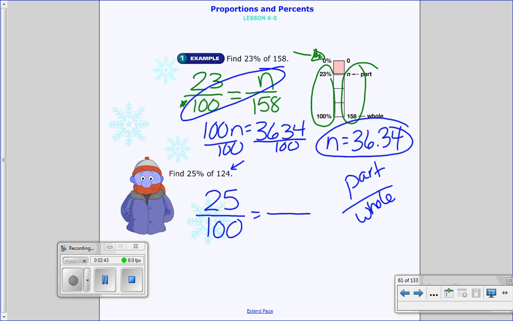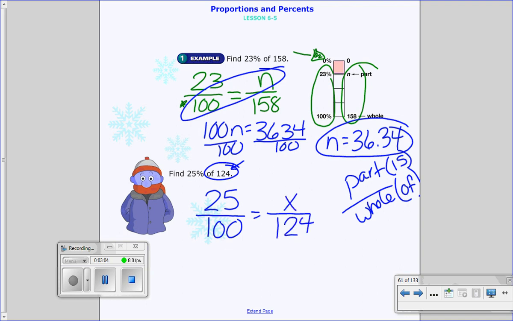Another way to say whole is the word of. So if they say of 36, of 50, of 124, that number goes on bottom. Well, if they use the word is, so this number is 34% or is 28, that goes on top. So here they say of 124. Well, of goes on bottom.